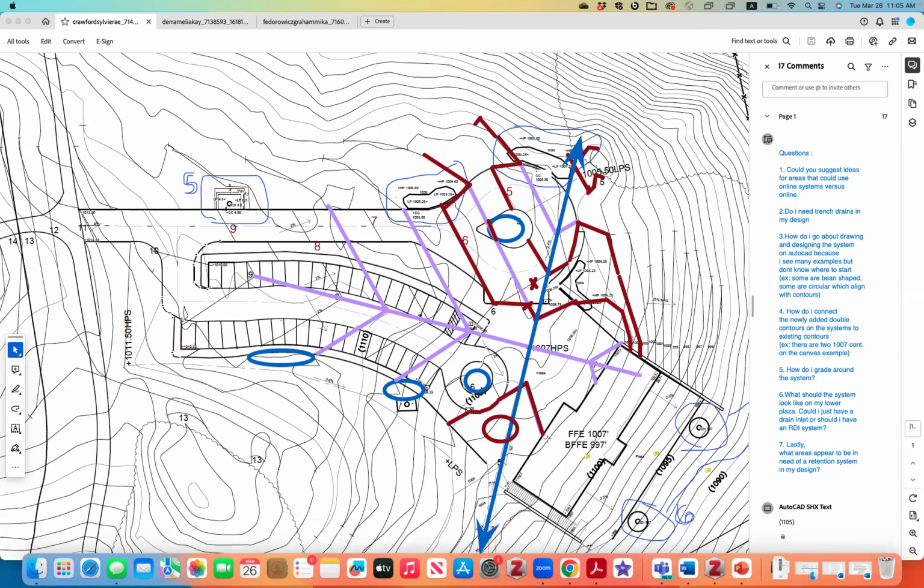Okay. Kind of derailed a little bit. You need retention here. Cut some holes in the plaza would help. For drain inlets here, you need a DI there, okay? There's one. Yeah, there's a DI. It's better to make the screen. Now, if you can make the screen, would be good.